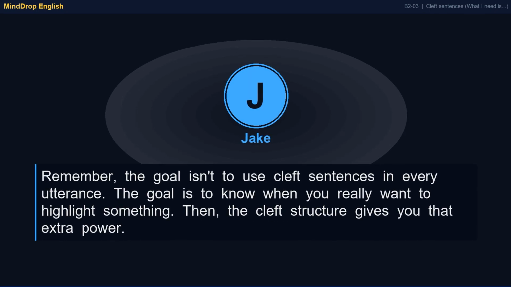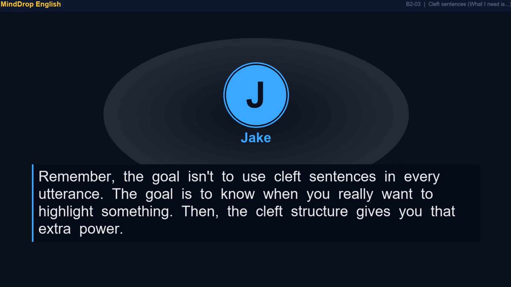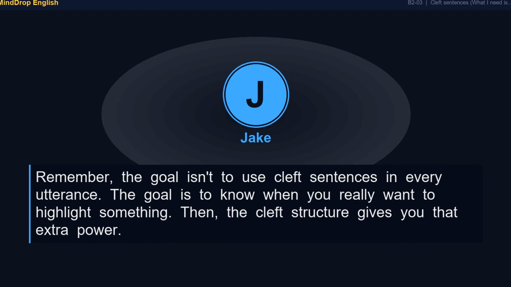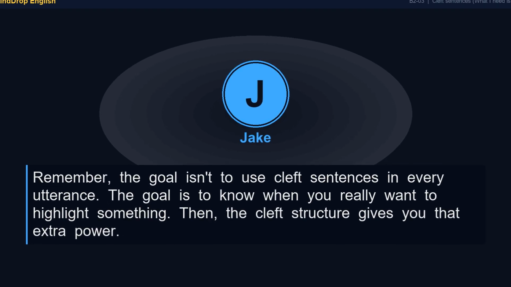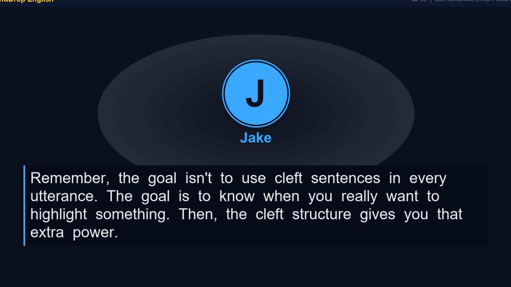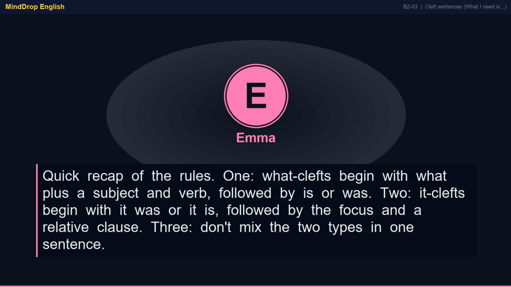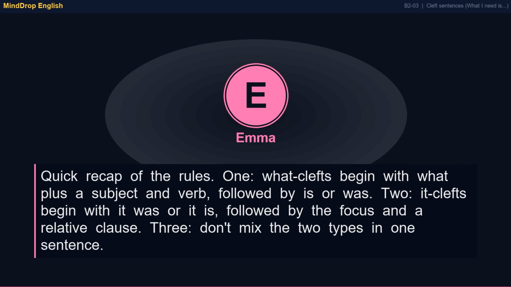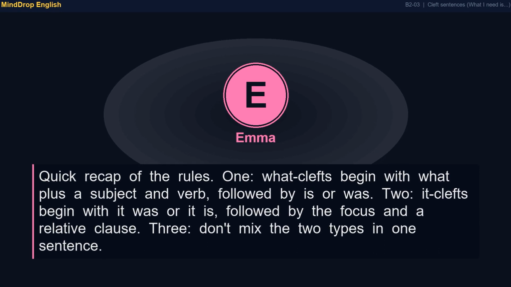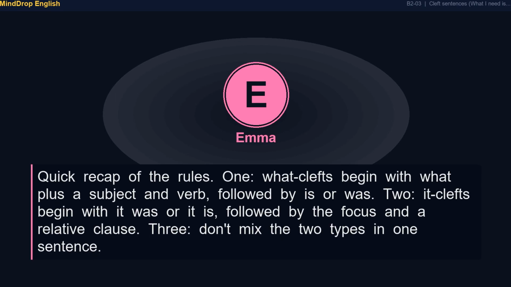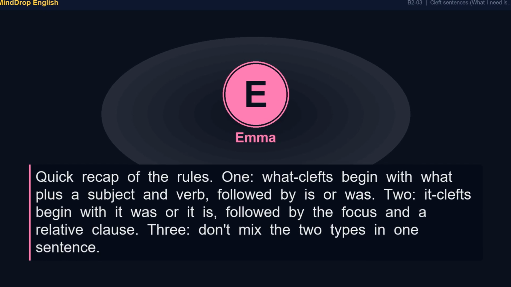Remember, the goal isn't to use cleft sentences in every utterance. The goal is to know when you really want to highlight something. Then, the cleft structure gives you that extra power. Quick recap of the rules. 1. What clefts begin with what plus a subject and verb, followed by is or was. 2.